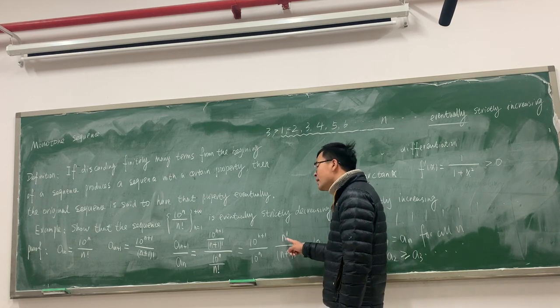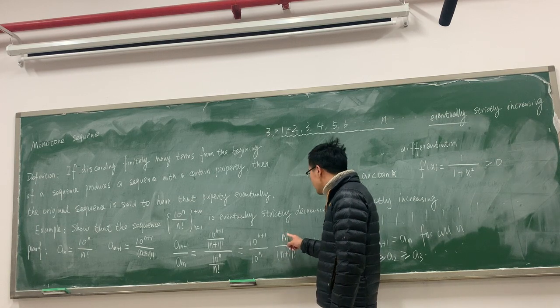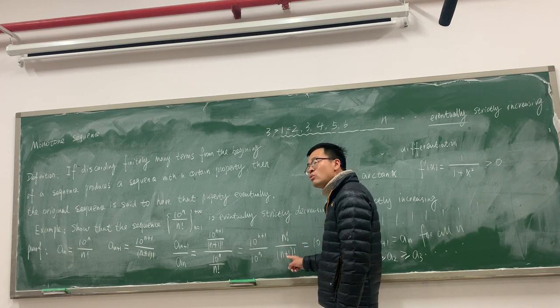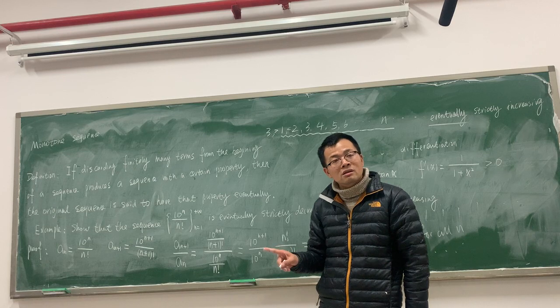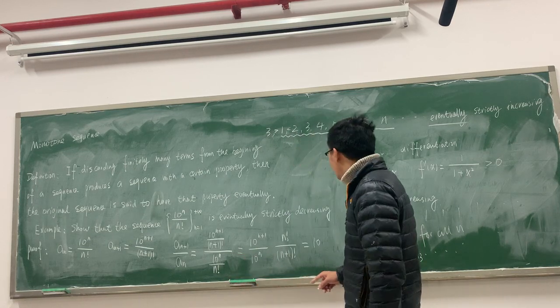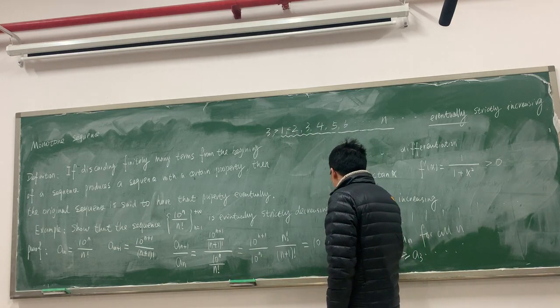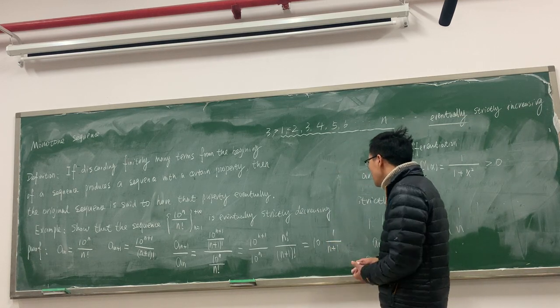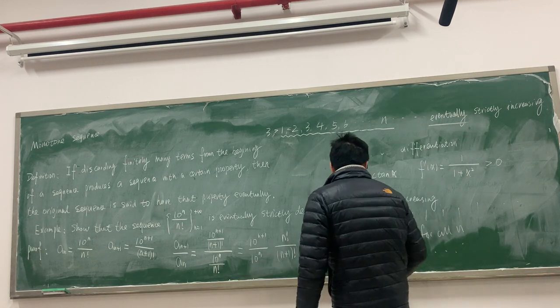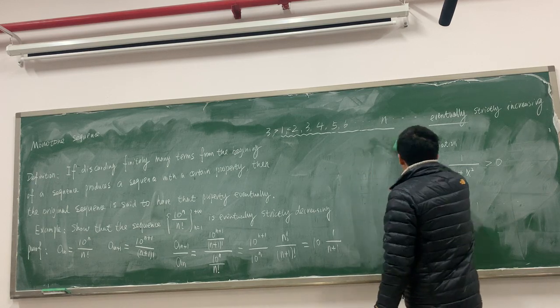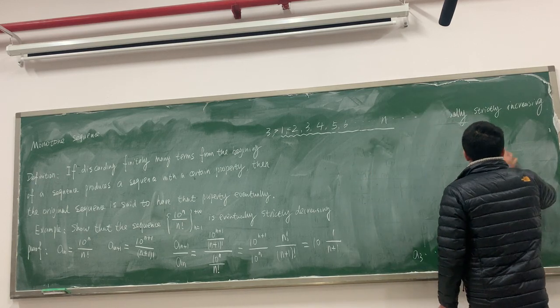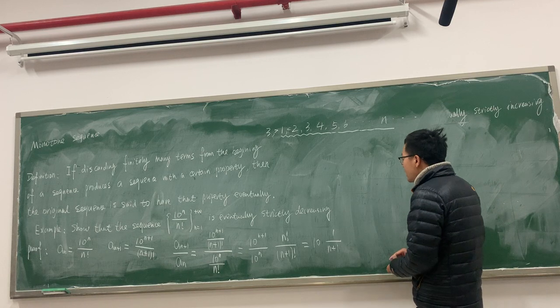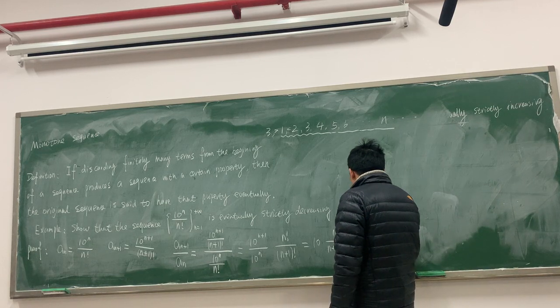In the second part, we can cancel n factorial, so the second part is 1 over n+1. So from here we can see this equals 10 over n+1.